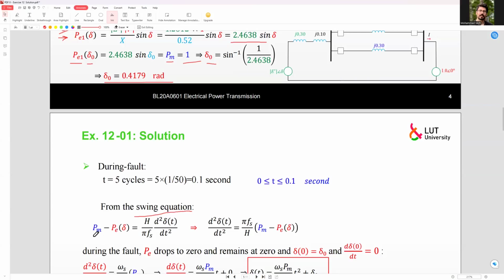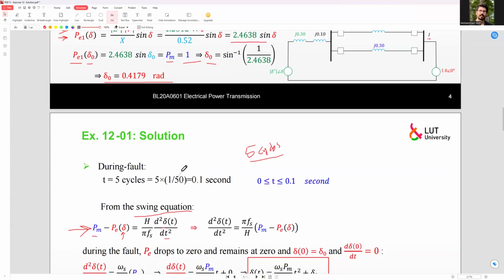You know from the lecture, it can be written like this: Pm minus Pe regarding the delta we have at each time, equals H divided by pi times frequency, multiplied by the second derivative of delta with respect to time t. So we know that we had 5 cycles to open the circuit breakers to clear the fault, right? So t is 5 cycles.